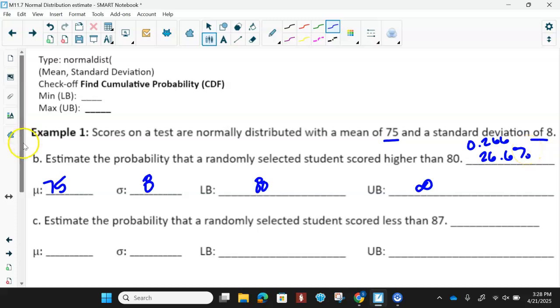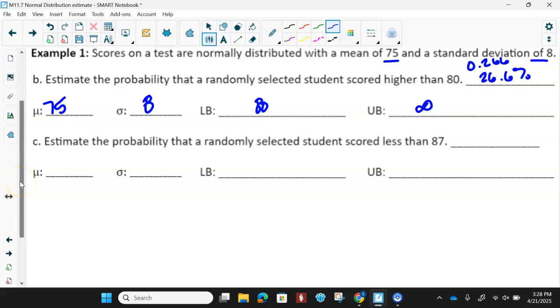So here, we're going to do another one. Same thing. We're going to use the same mean and standard deviation, but we're going to figure out the probability of selecting a student who scored less than an 87. So now that means 87 is the highest score because we're looking for someone who scored less than that. So we're going to leave that lower value as negative infinity.